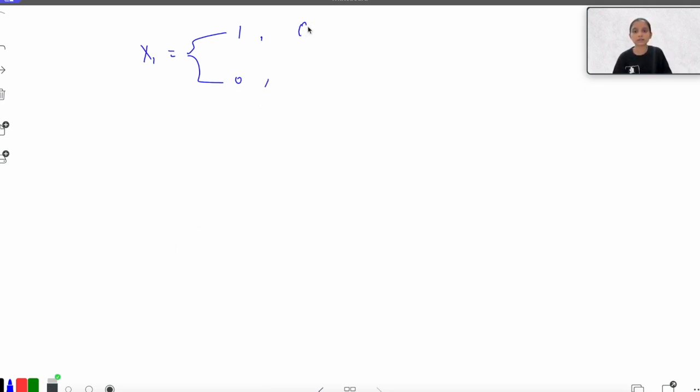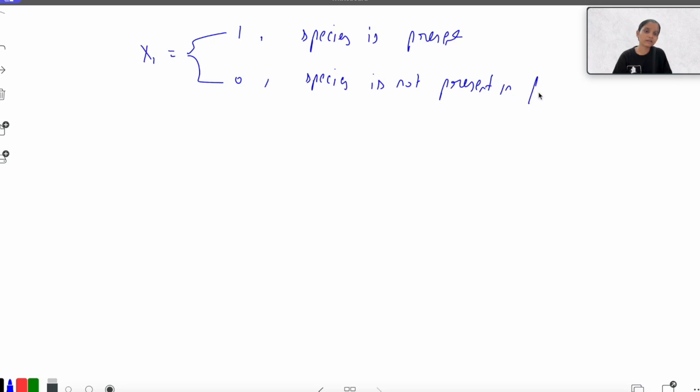Let me write it. Species is present and species is not present in the forest, okay? So if the species is not present, x1 is equal to 0, then if I take out the sample, it will not be having any species.